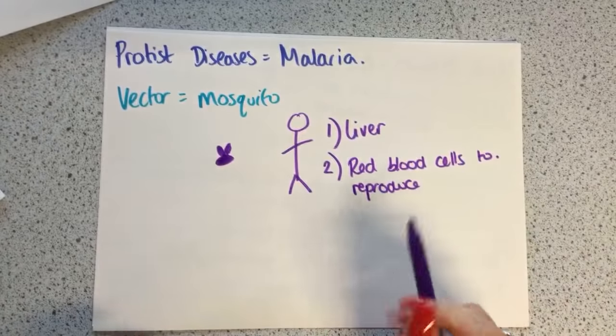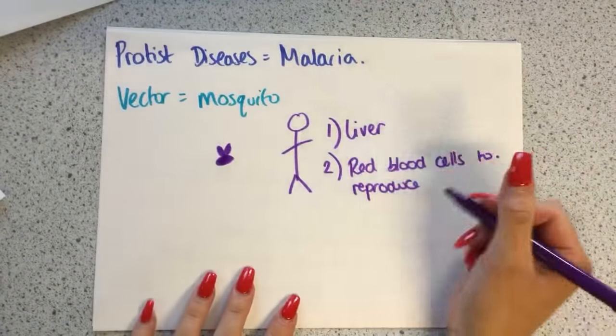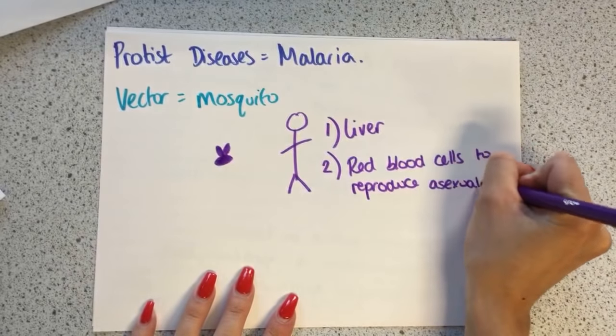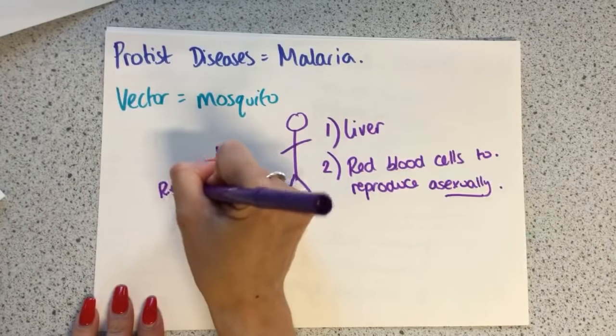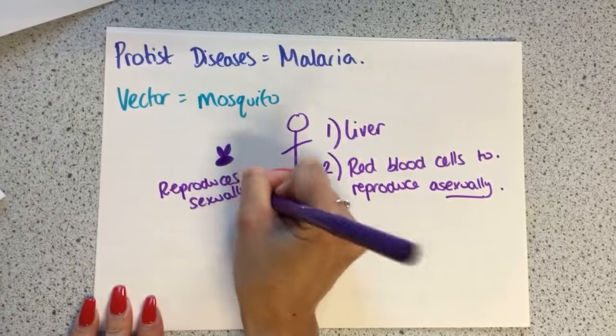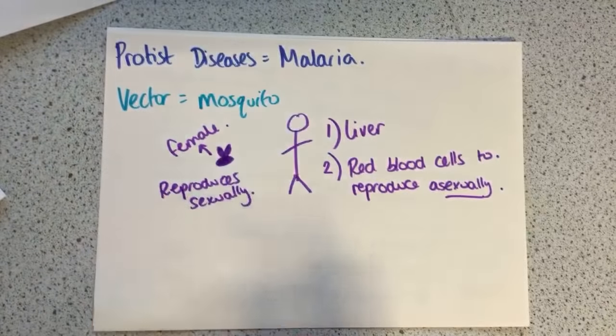Okay, now you have to know about how it reproduces differently in a human and in the mosquito. So when it's in the human, it reproduces asexually. But when it's in the mosquito, it reproduces sexually. Okay, and another thing just to note is that it's always a female mosquito.